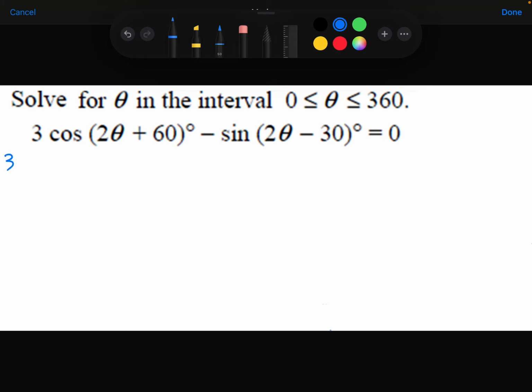So I'm going to leave this 3 at the front here. The cos(2θ + 60) is going to become cos 2θ cos 60 minus sin 2θ sin 60. So this is me expanding this bracket to get this.